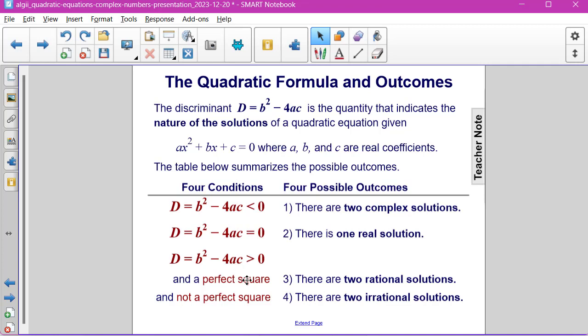If this discriminant gives us a perfect square, such as 9, 25, 36, 49, etc., then we are going to have two rational solutions, because you can square root 9, you can square root 25, you can square root 49. Those are going to give us rational solutions. If b squared minus 4ac is not a perfect square, say it gives you the square root of 10, it's not a perfect square, so you're going to have two irrational solutions.